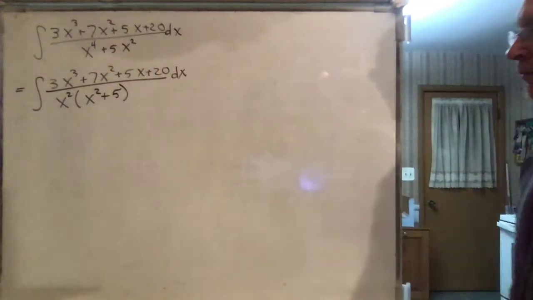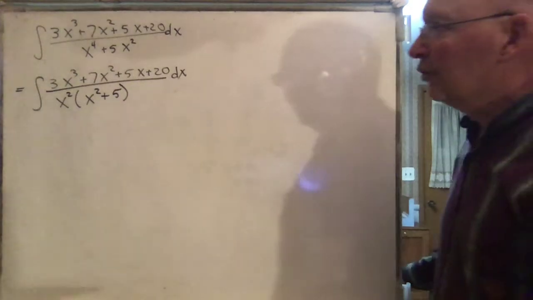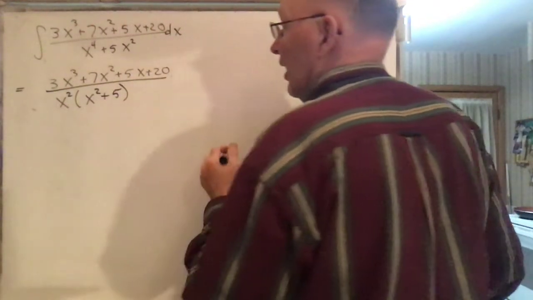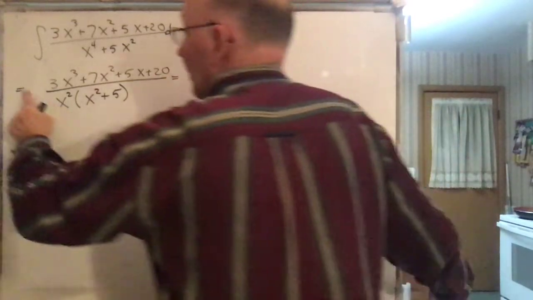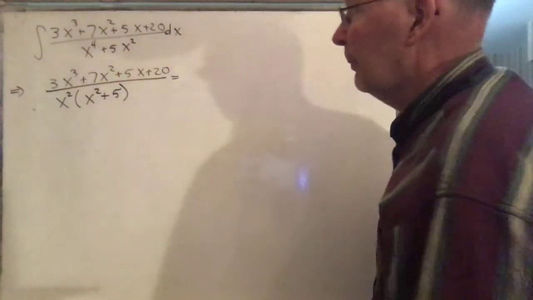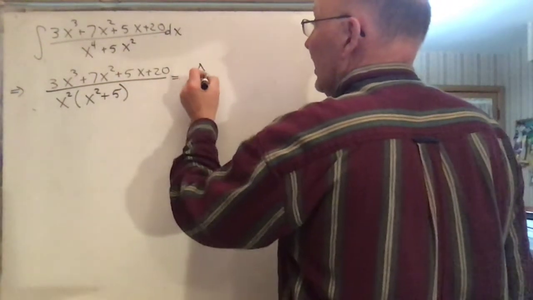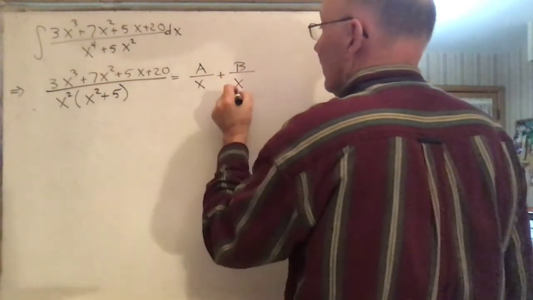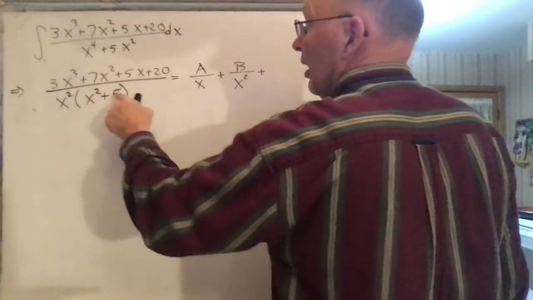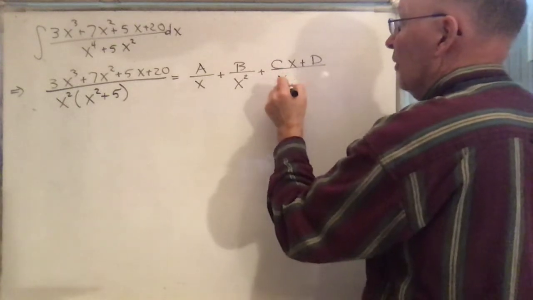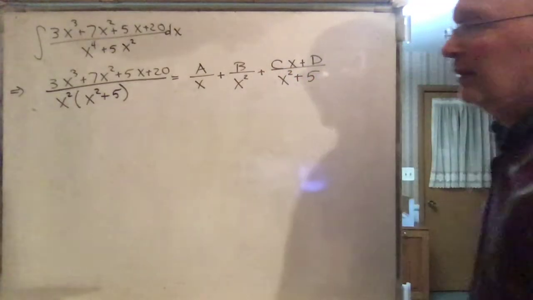Okay? So now, just for sake of room, I'm going to get rid of this, and I'm just going to write this as equal to a over x plus b over x squared plus cx plus d all over x squared plus 5, quadratic term. See that?